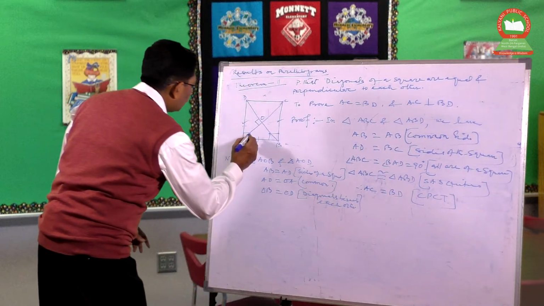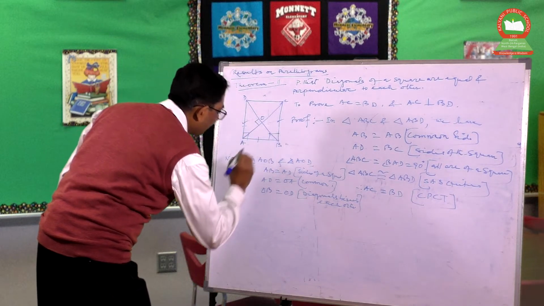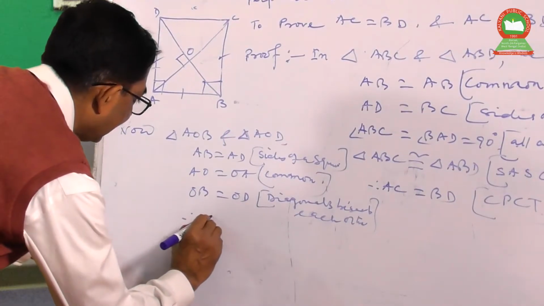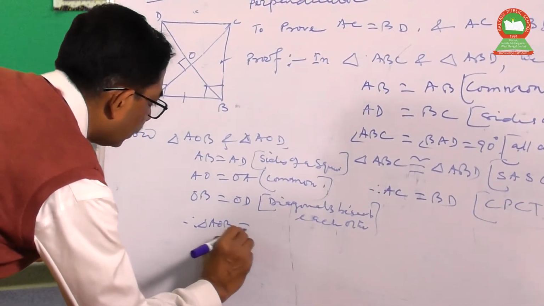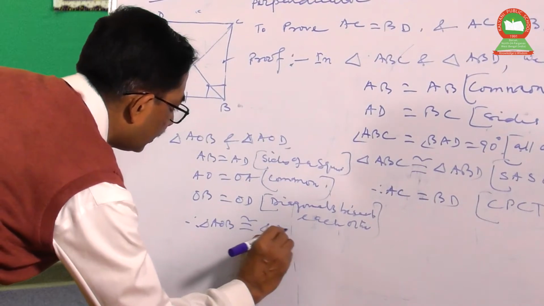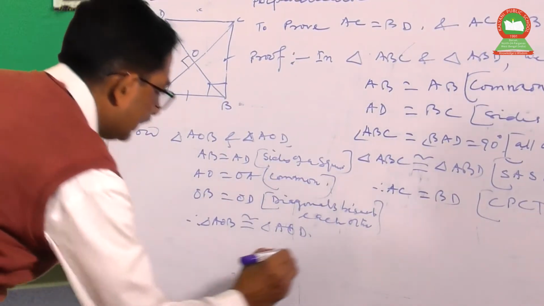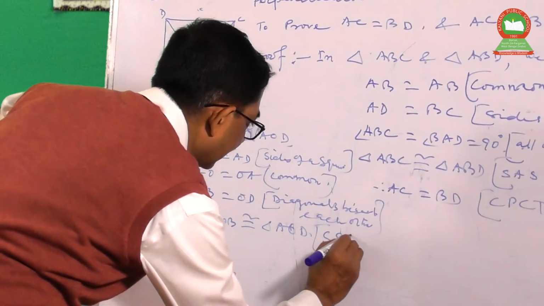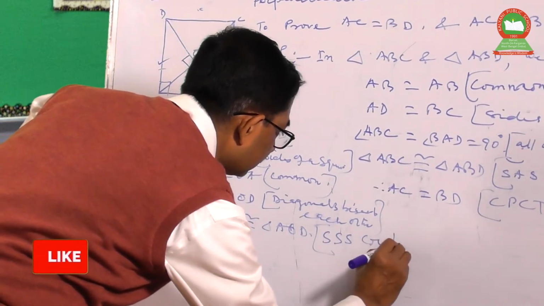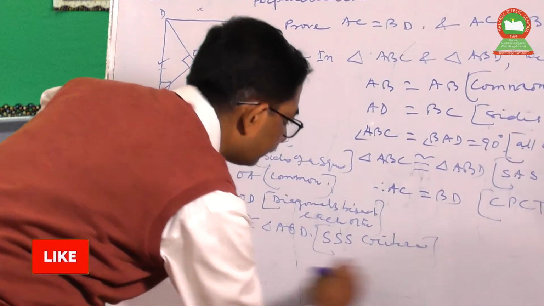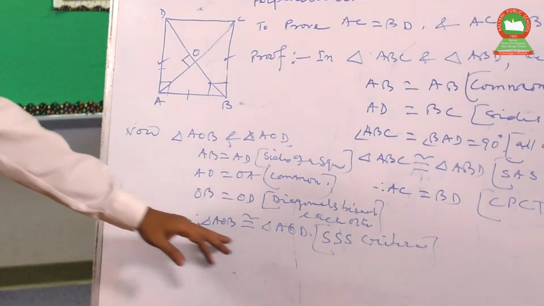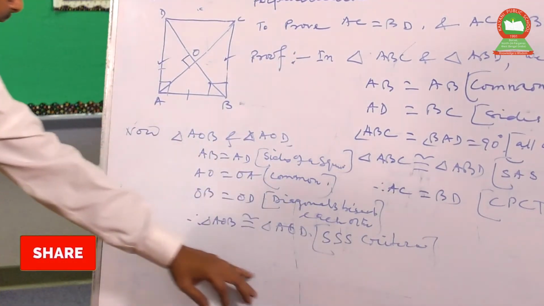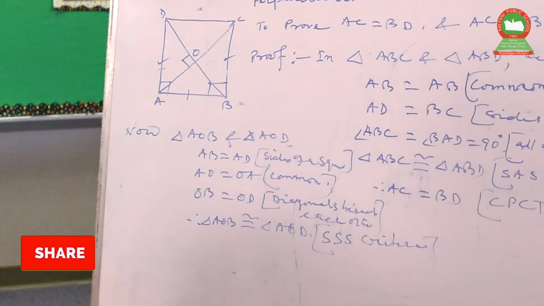So we can conclude that triangle AOB is congruent to triangle AOD, by the SSS criteria, that is, the criteria of congruency of triangles.